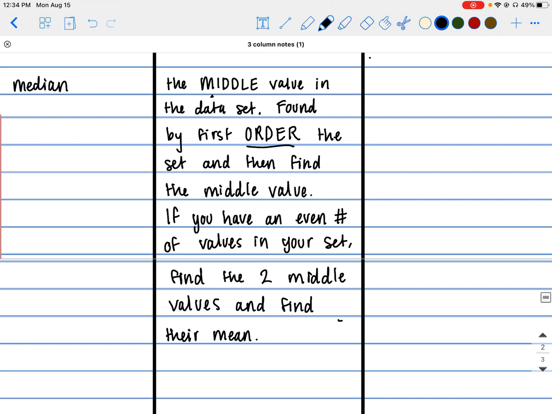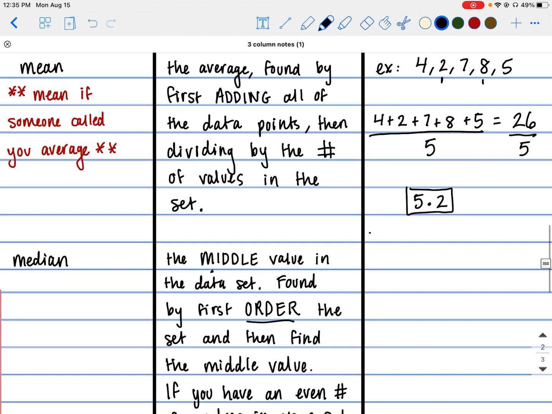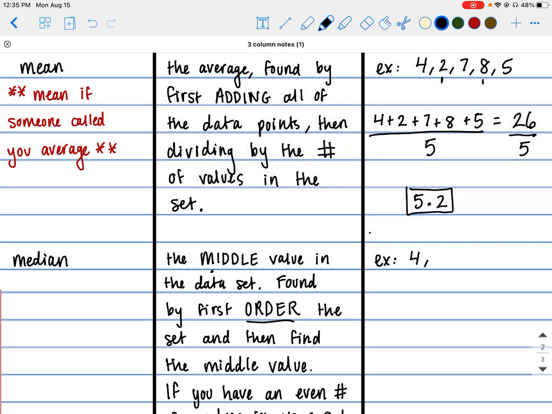So the middle value in a data set, we first always have to order. So I'm going to use that same example I used right above with those numbers. We are going to use 4, 2, 7, 8, and 5. So remember, first we have to put them in order. So what would go first? 2 would. 2, then 4, then 5, then 7, then 8.